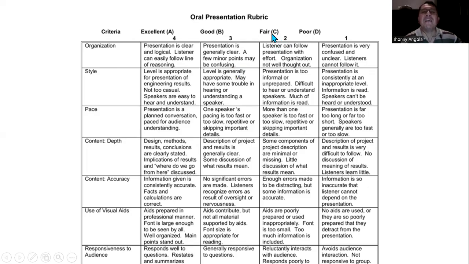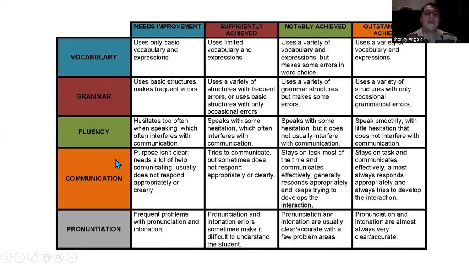Number 2, fair. Listener can follow presentation with effort. Organization not well thought out. Number 1, presentation is very confused and unclear. Listeners cannot follow it. And you can see we repeat this situation in every description related with this criterion, right? The same for this one, and others.